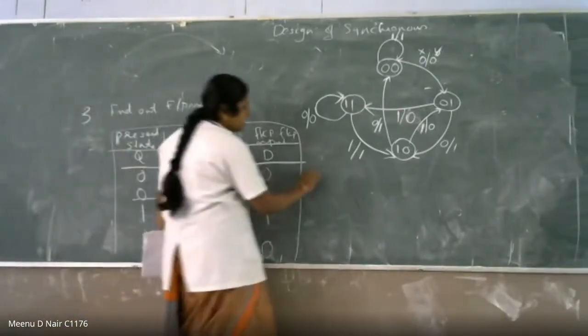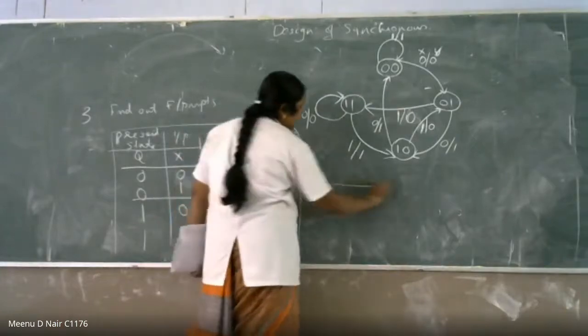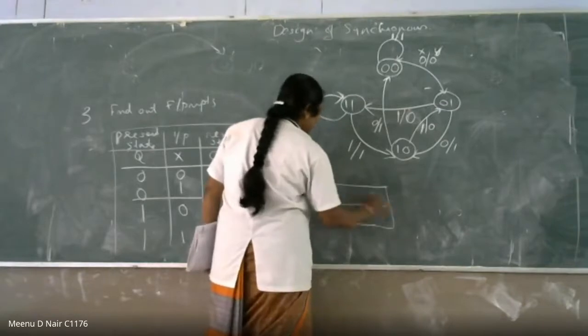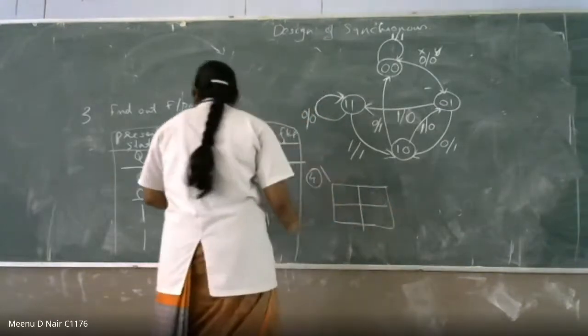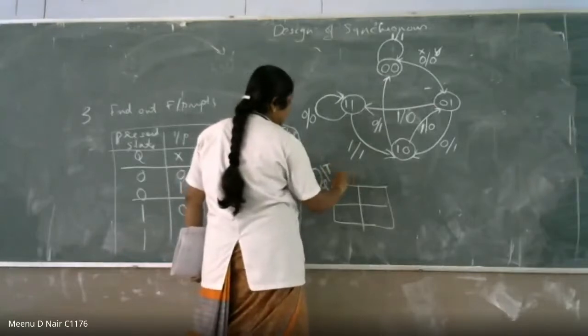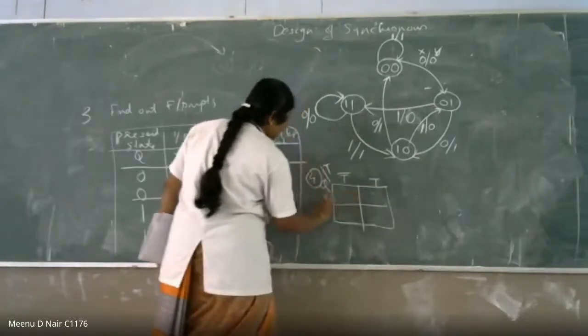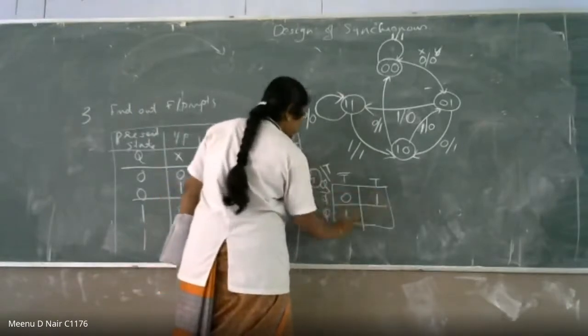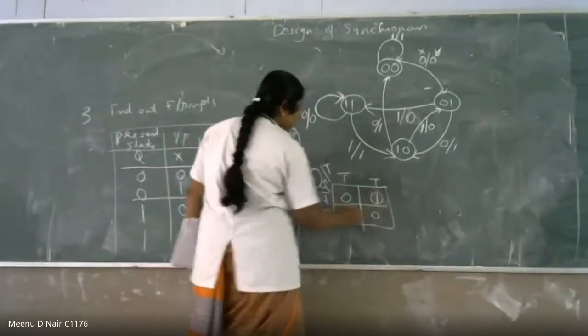The next, fourth step is to design the same using a K-map. You are going to find the expression using the K-map. This is Q, this is T, this is T bar, T, and this is Q bar, Q. So 0, 1, 1, 0, right? How can you write this?